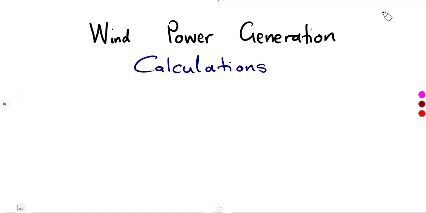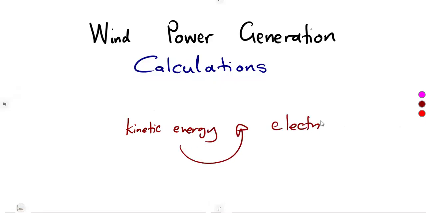Remember, before I referred that we are going to need to harness the kinetic energy, which is used to generate the electrical power. At the end, we are going to have the electrical power. So as part of our calculations, we need the calculations of the kinetic energy of the wind and also the power of the wind.